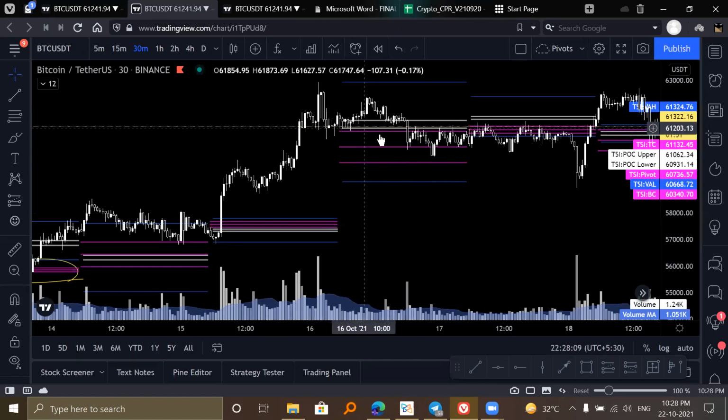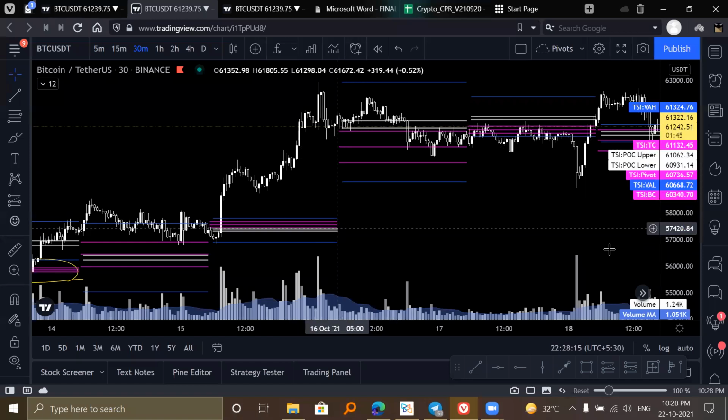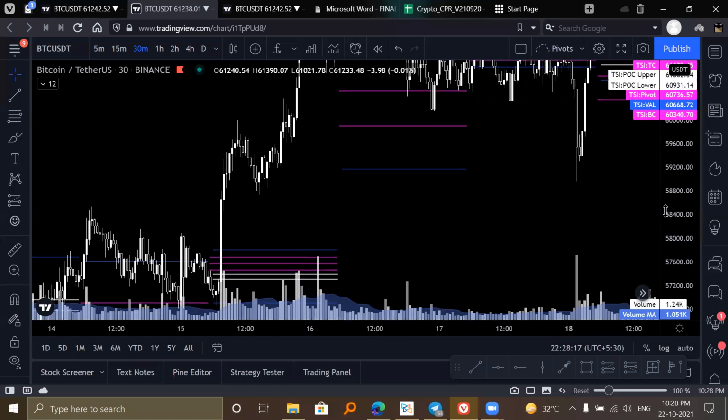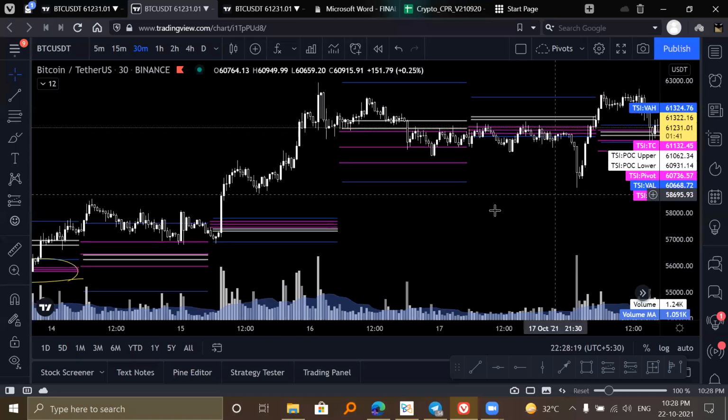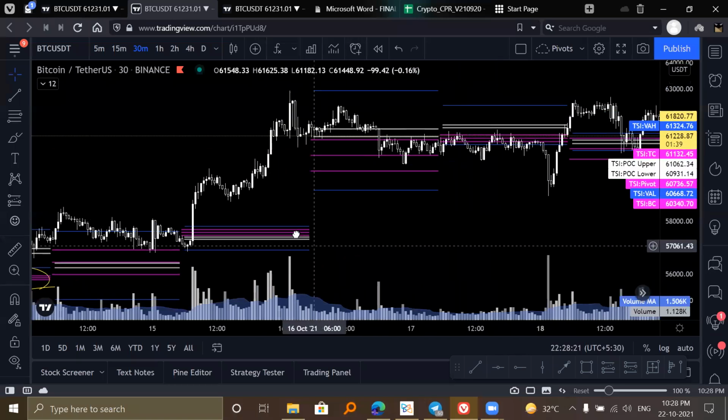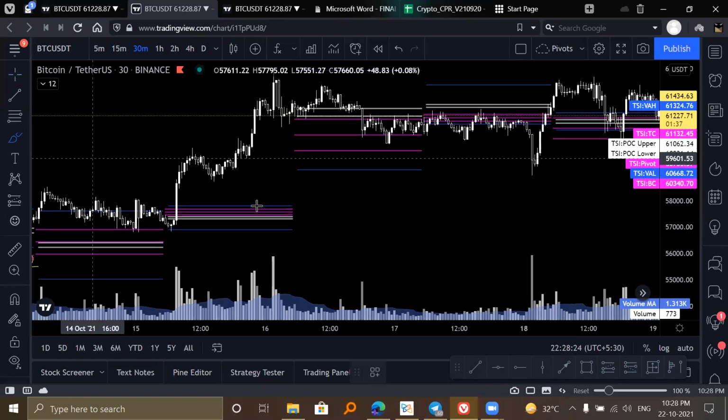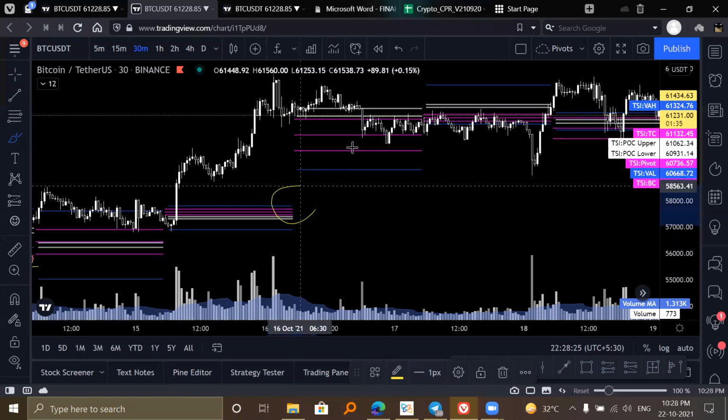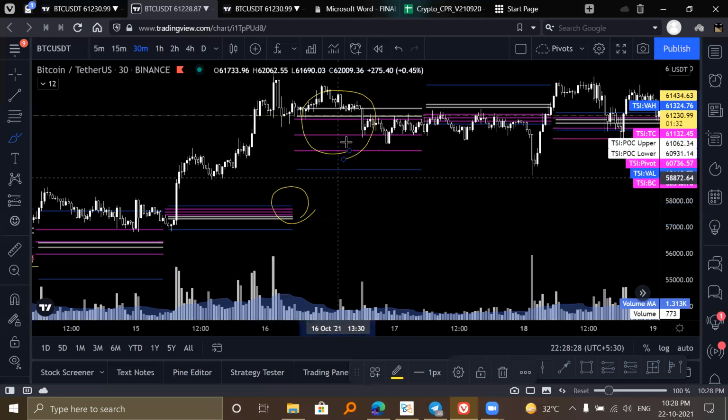So see, this CPR range is quite distant from each other as compared to this. You can see that these are quite narrow. When I zoom out the chart, you can see that these pivots are quite narrow as compared to these pivots. So why did it happen?